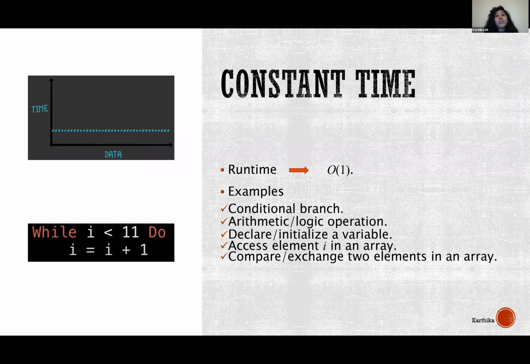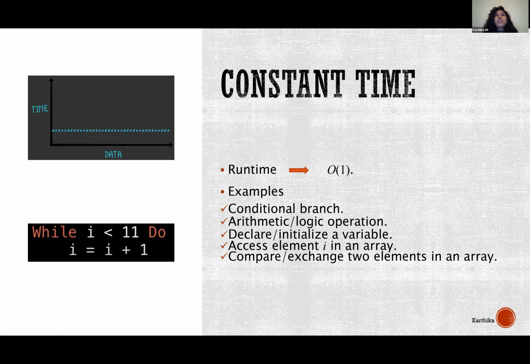It doesn't depend on the number of inputs that we give. Big-O notation is basically determined by the size of the input. Whatever the size of the input, your time complexity is just going to be a constant factor. There is not going to be any change.